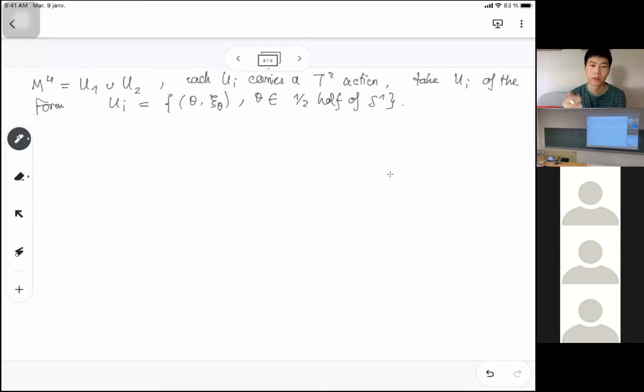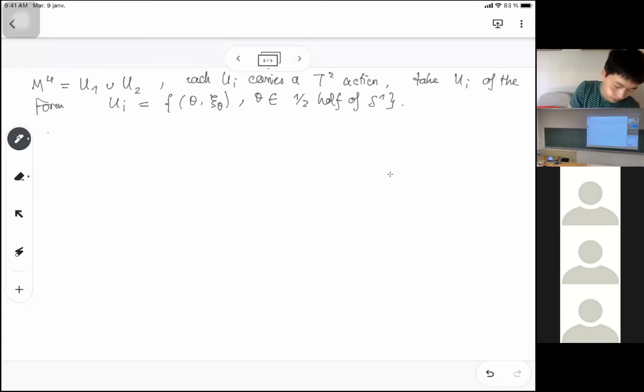Okay, in the first example, I gave the T2 action in the case when theta is 0, but you can imagine that there is a T2 action on each E theta. And so this is what makes the F structure.